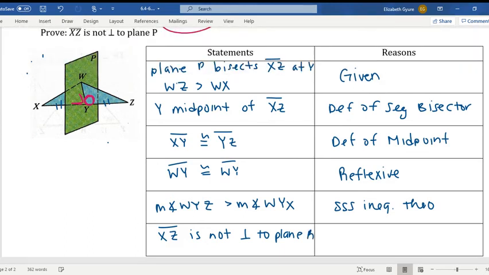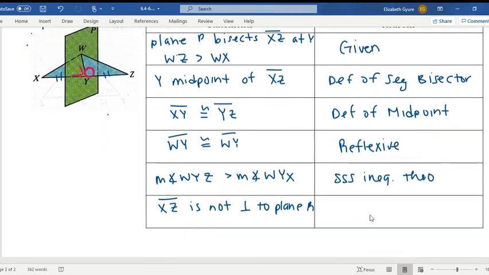I mean, this isn't an indirect proof, but aren't we basically negating a theorem, right? If we said that these were perpendicular, that would contradict one of our theorems. It would either contradict the definition of perpendicular lines. It would also contradict our congruent adjacent angles theorem, right? So there's a few different ways you can do that.